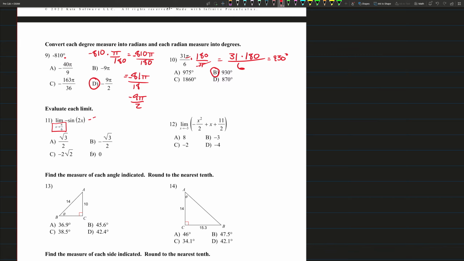So this is going to be negative sine of 2 times pi over 6, which is negative sine of pi over 3. And this is where we go back to a unit circle. We need to know what sine of pi over 3 gives us.